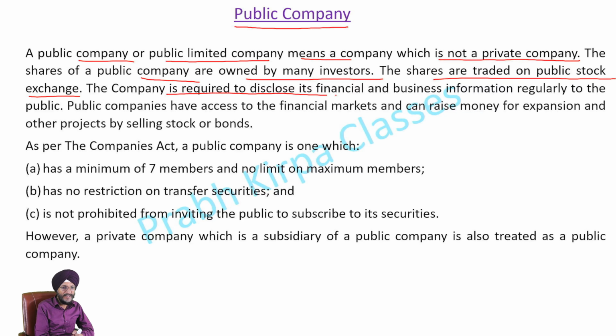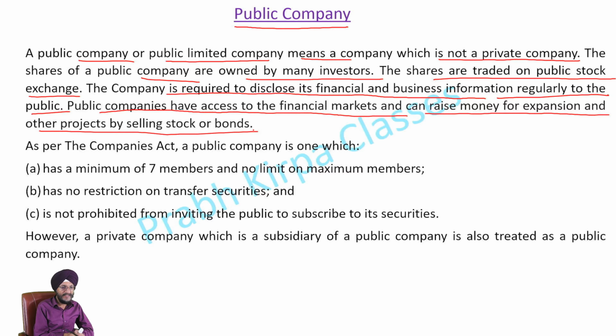The company is required to disclose its financial and business information regularly to the public and also to the various regulatory authorities. Public companies have access to the financial markets and they can raise money for expansion and other projects by selling stock or bonds.